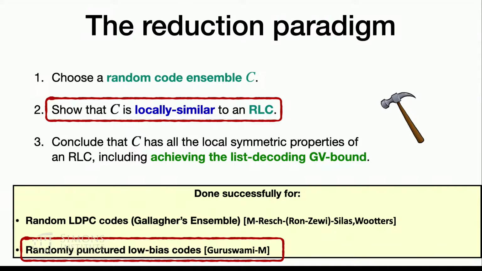We're between 1/2 minus epsilon and 1/2 plus epsilon or something. You take such a code and you apply random puncturing to it, which is something we're going to be talking about tomorrow. And this gives you some random code that's locally similar to a random linear code. So we've shown that every code that can be described this way is as list decodable as a random linear code, so it achieves list decoding GV.